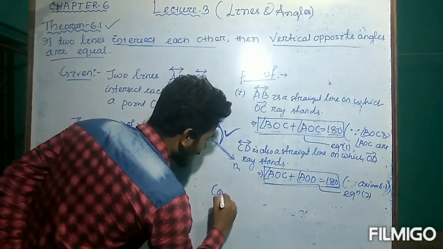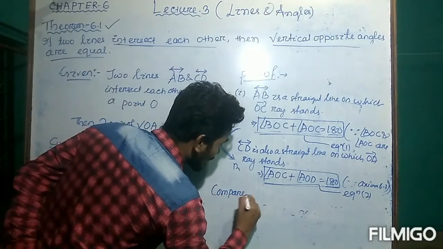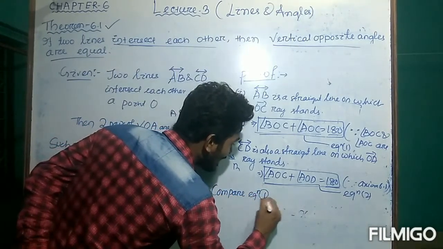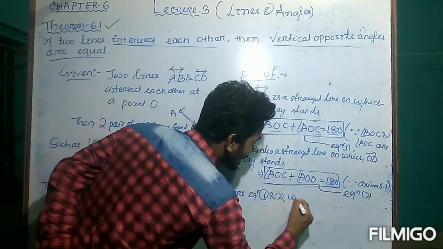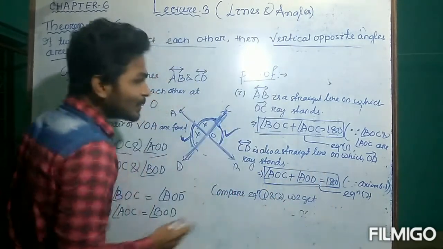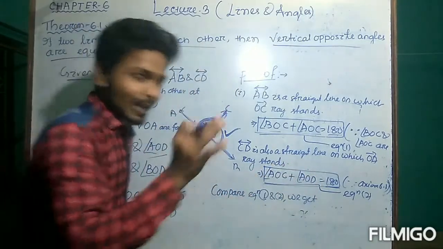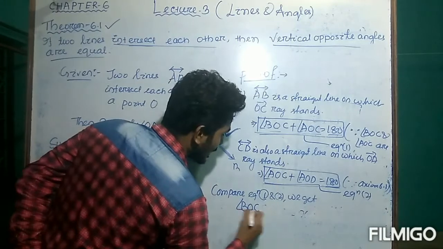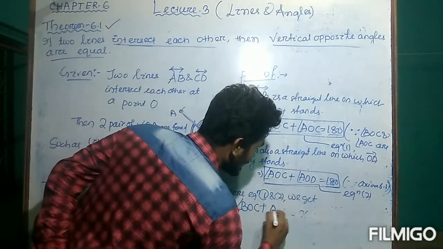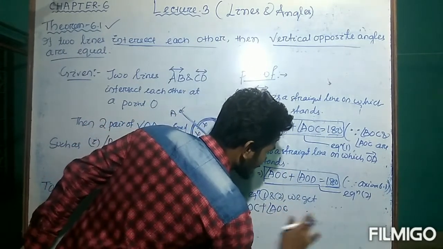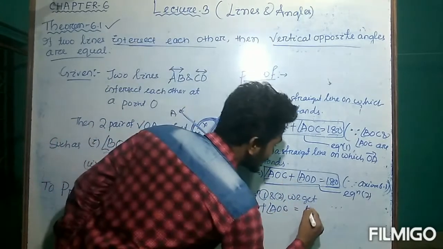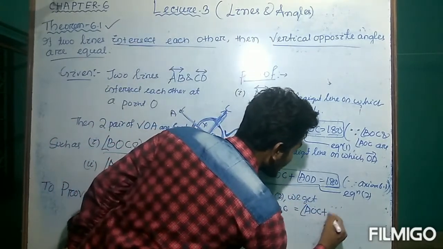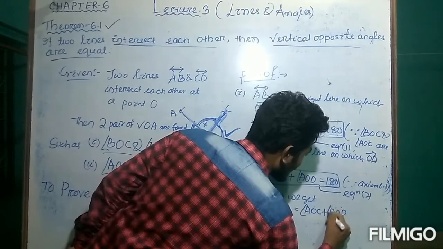So write, compare equation 1 and 2, we get their LHS are equal. So BOC plus AOC is equal to AOC plus AOD.